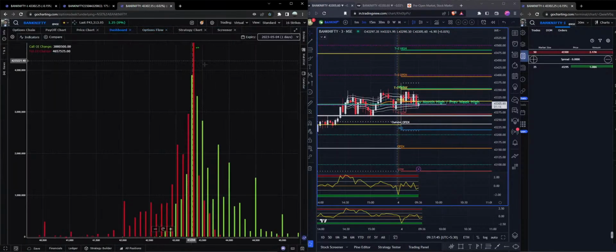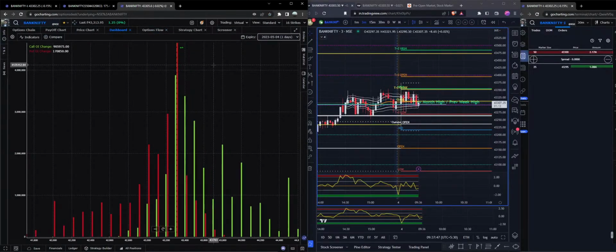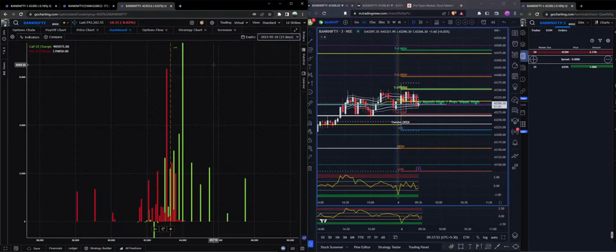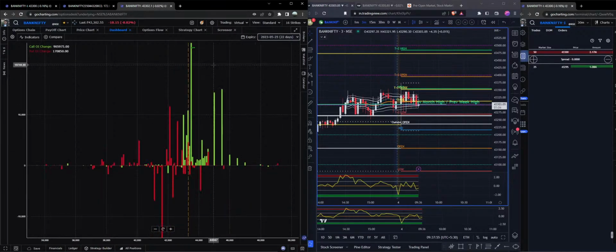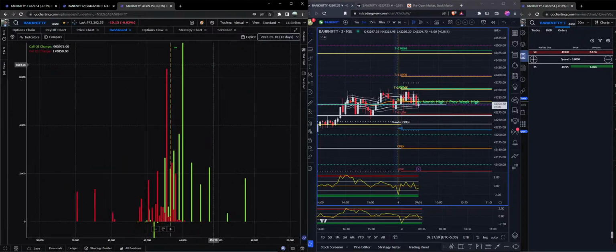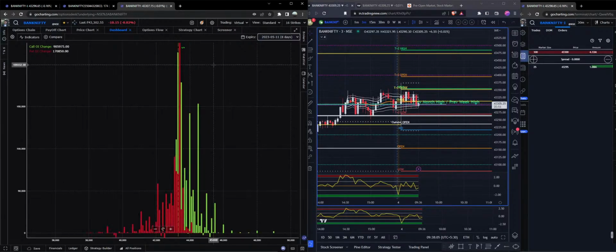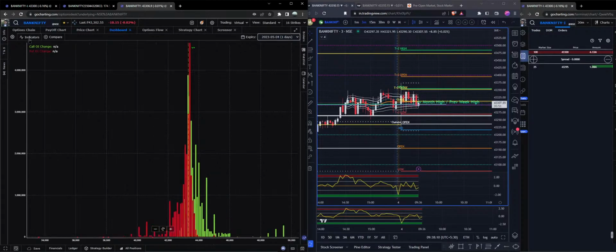Okay, so 300 is again a zone where more put positions are getting created for today's expiry and next week's expiry, so this is a strong support zone.